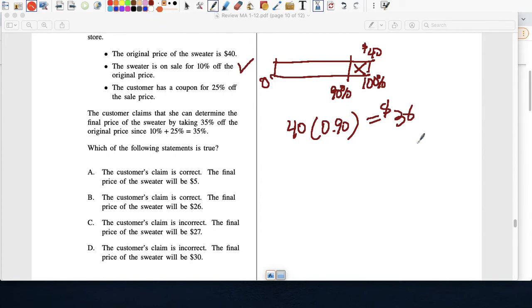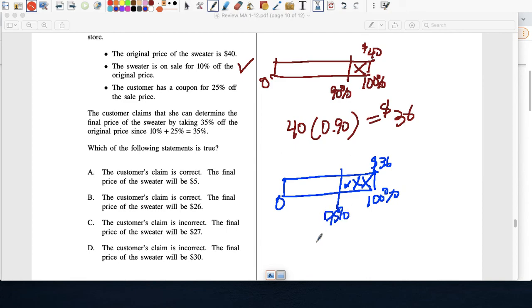For your second discount, from $36 you have to take 25% off. So again, let's draw the bar model. Ignore the first one that you drew, that's no longer relevant. Now 100% of your sweater is worth $36, and we're going to take 25%. Now on the $36, you're responsible for 75%. So 36 times 0.75 would give you what you would have to pay, which is 27.